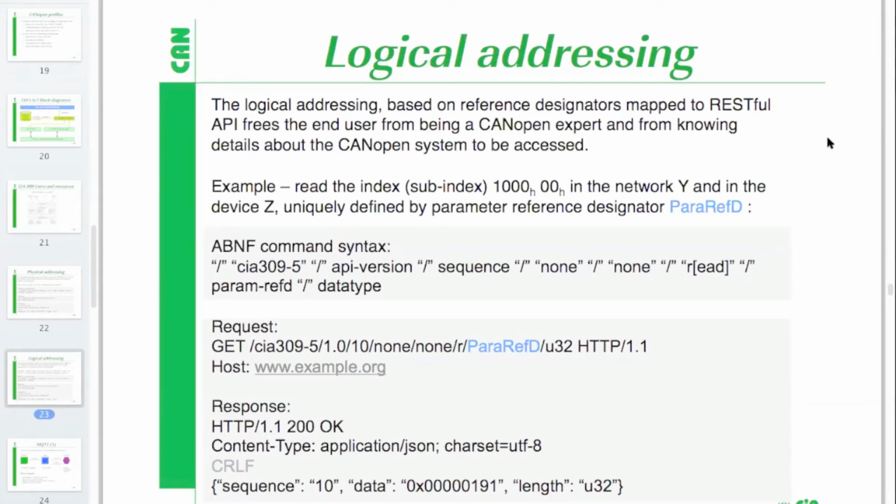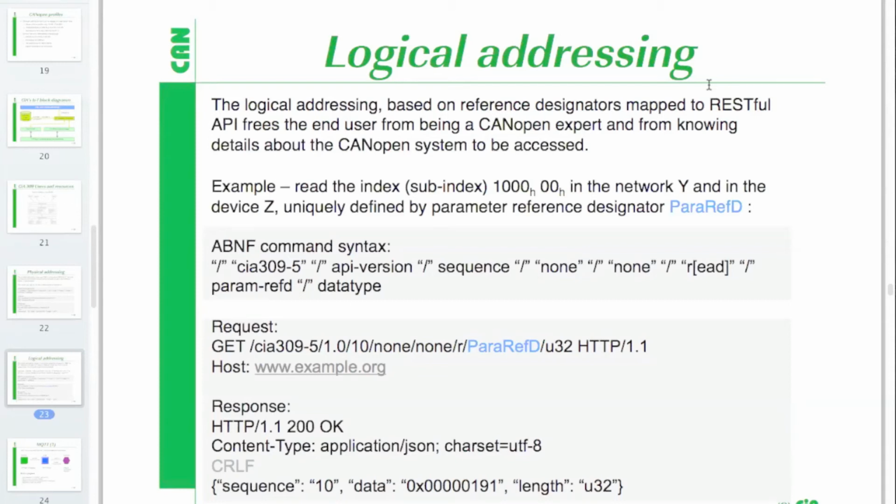But on a top level, the end user who collects the data and gets these requests doesn't need to know about CANopen, and the configured system hides these specific details in the case of logical addressing. Well, this is what we have done now.